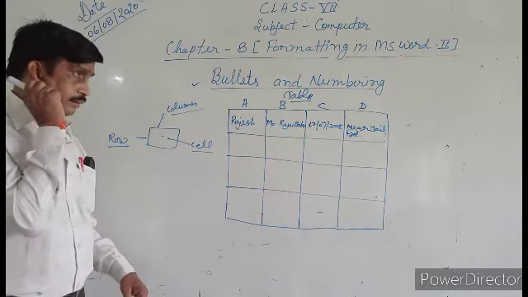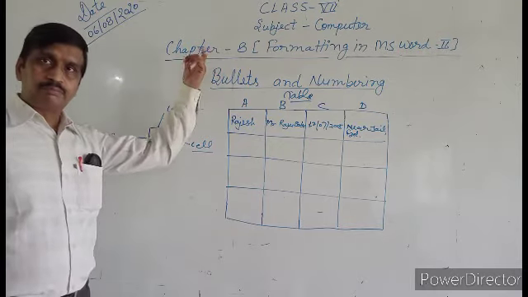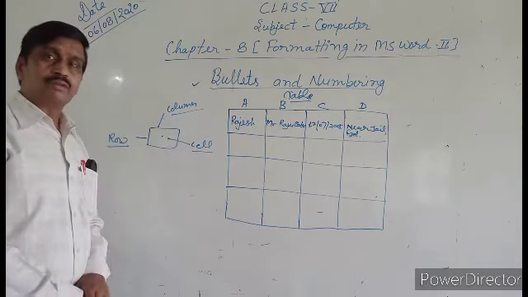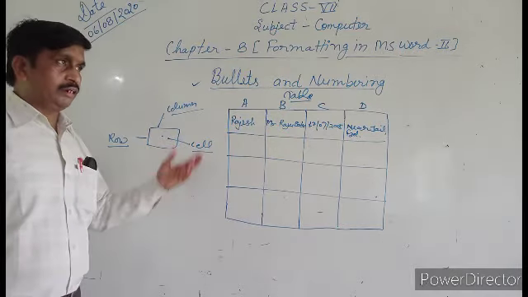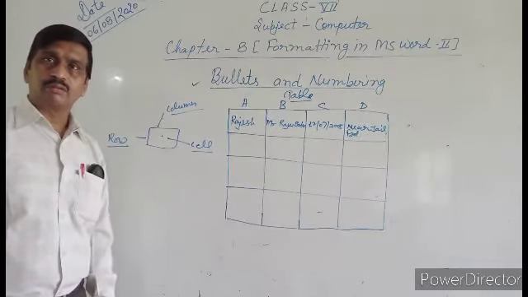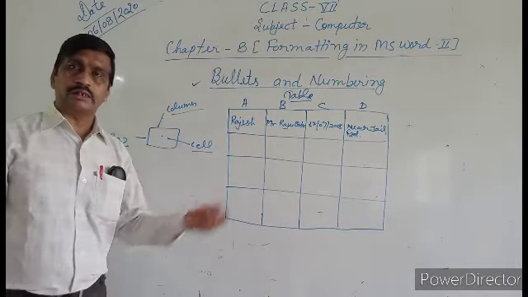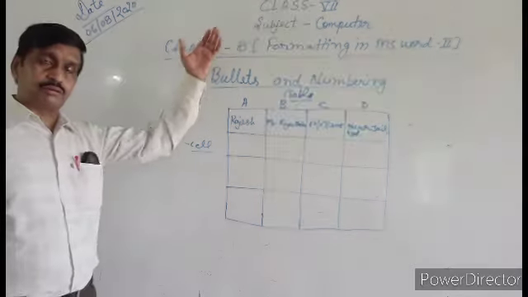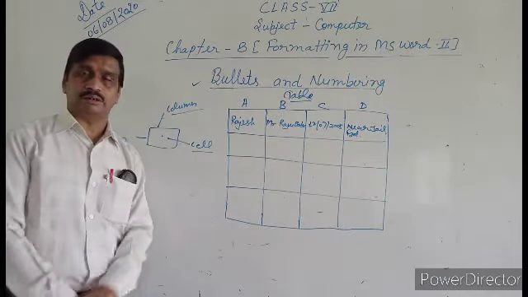It also contains tabs. There are different types of tabs: left, right, center, decimal and bar. And it also contains margins. There are 4 types of margin: top, bottom, left margin and right margin.